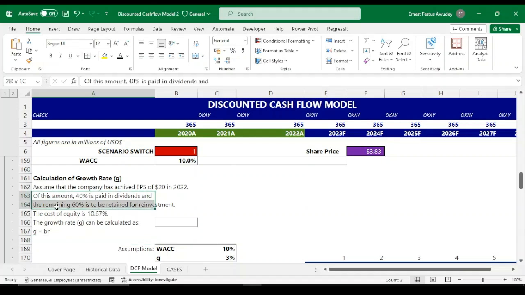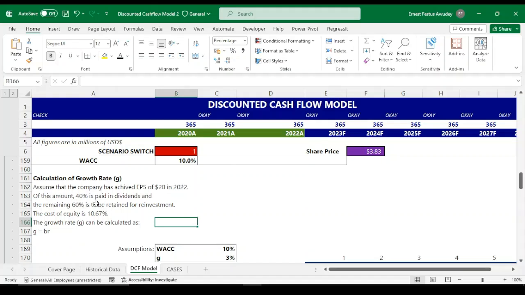So we have an illustration here to help us calculate the growth rate. Assume that this particular company has achieved an EPS of $20 in 2022. We have our historical financial information here for 2022, and the EPS, which is the earnings per share, is $20.